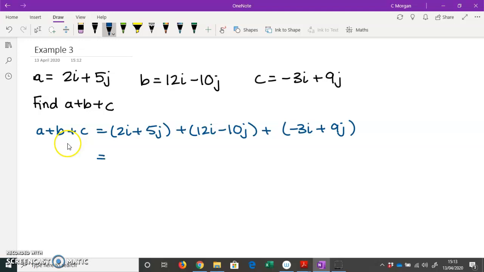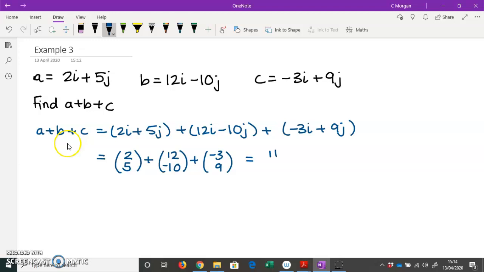What I would suggest when you're writing out quite a few vectors is that it's absolutely fine if you want to turn them into column notation in order to add them or do whatever you want with them really. But I find writing them in column notation much easier to simply add them together there. I've got 14 take away 3, which is 11.